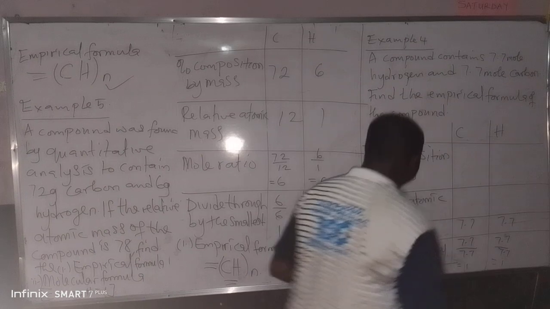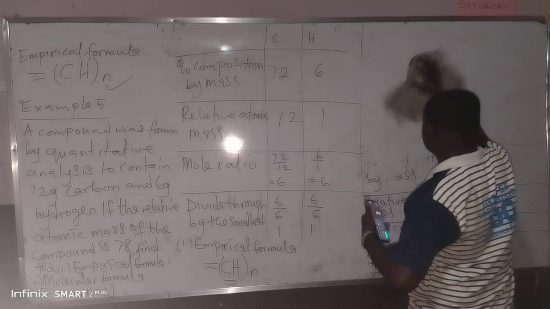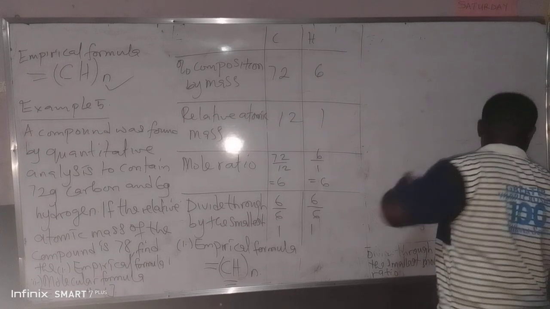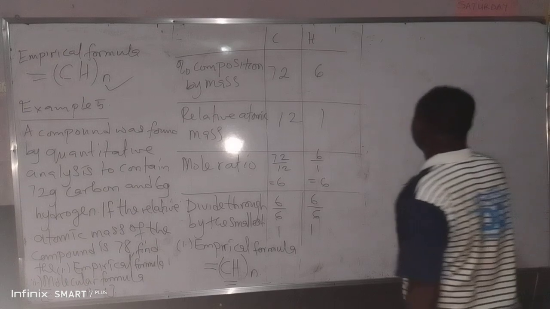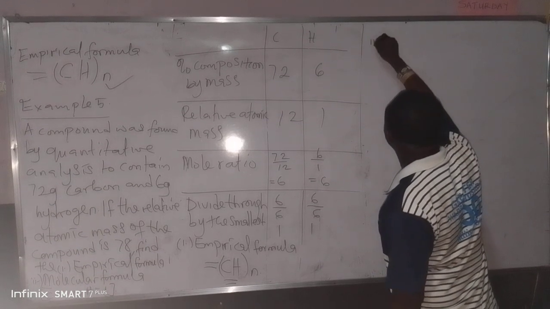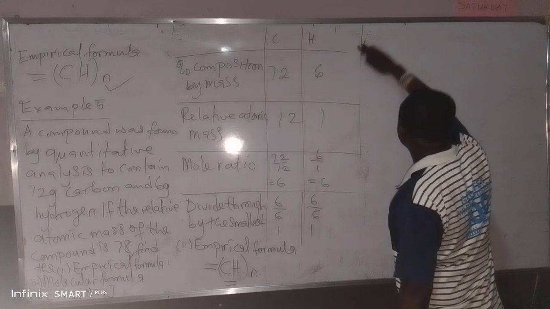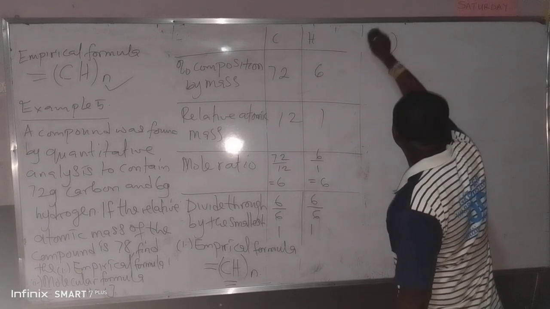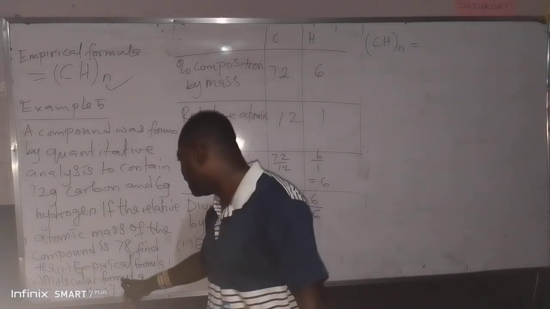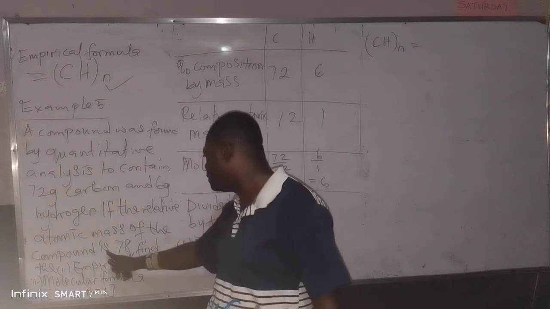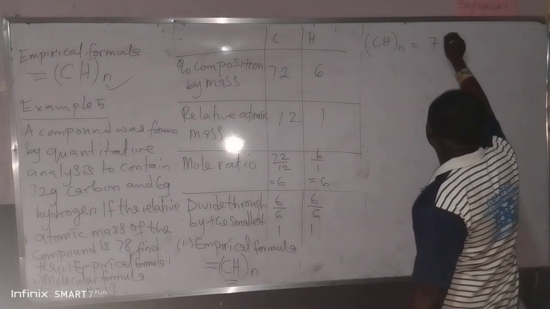Then the next one, number 2. Now we have to equate this empirical formula to n, because you cannot find the molecular formula if the relative molecular mass is not given. So it equals 78.